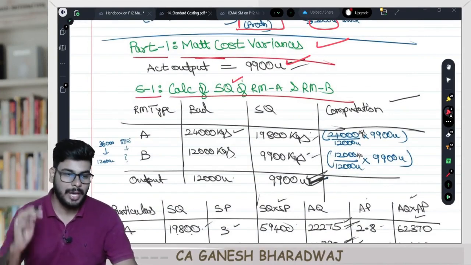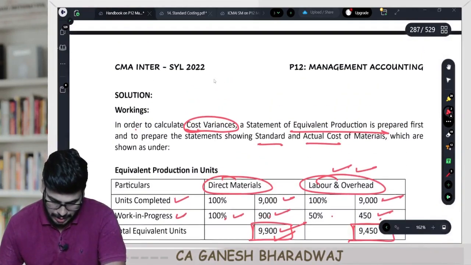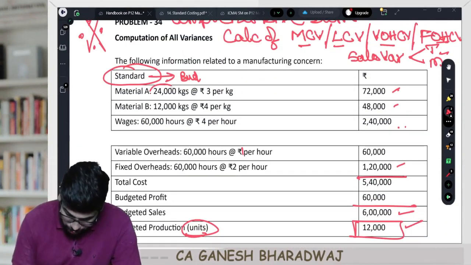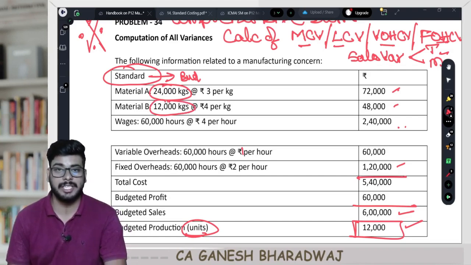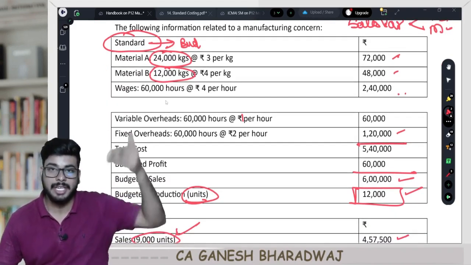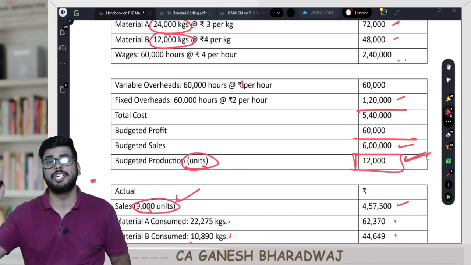Now, if you look at the question, what have they given? They have mentioned that 24,000 kgs of material A and 12,000 kgs of material B, in the budgeted data, should have been consumed to get an effective output of how much? 12,000 units.